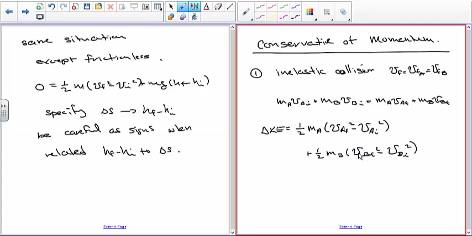Once you've calculated the final velocity, you can use that in both places, and then you have your initial velocities. For these types of collisions, the change in kinetic energy is always a negative quantity. You're always going to lose kinetic energy, and it's going to become heat.